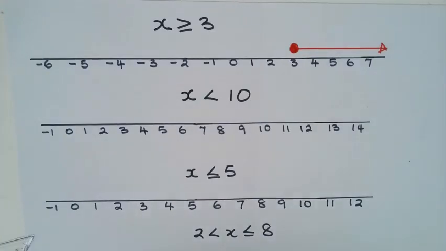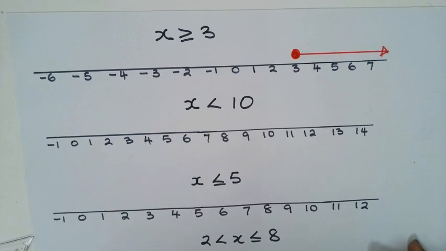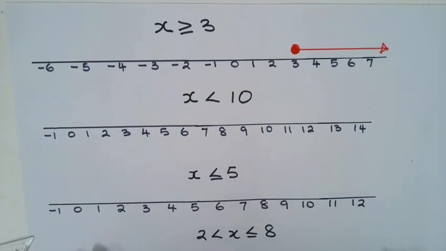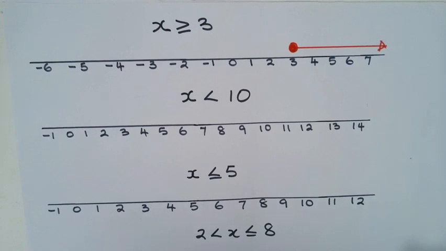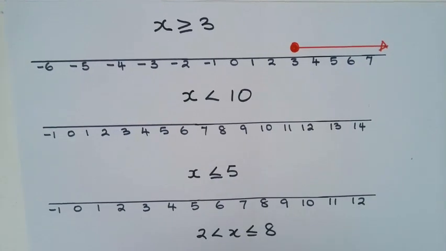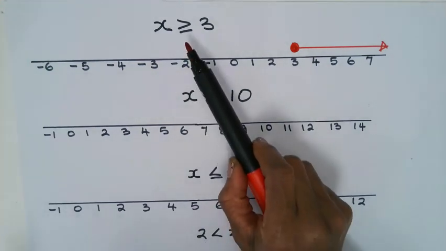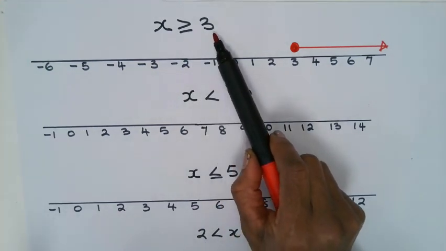Okay, now we're going to look at these number lines and be able to show the inequalities on the number line. The first one we're looking at is x is greater or equal to 3.